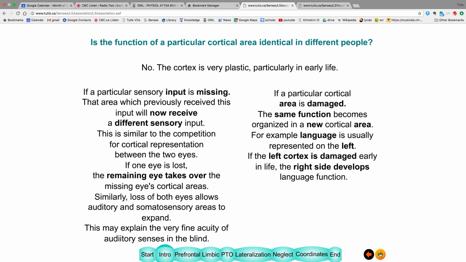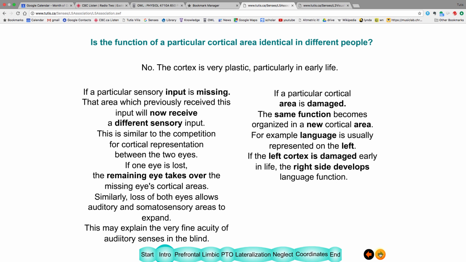So is the particular area different from person to person? No, because it's very plastic early in life, and if a particular part is missing or has some defects, another part will take over. We saw that if you had a defect in one eye, the other eye would take over.